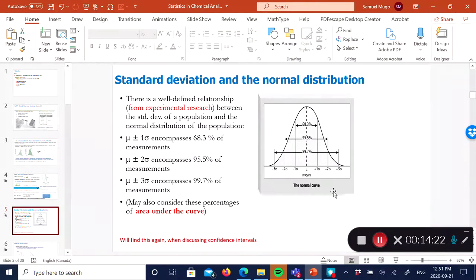And so if you're looking for the confidence level or the confidence interval, or where my true value lies, and that's the purpose of doing confidence intervals, sometimes we use these plus minus 1 sigma and so forth.